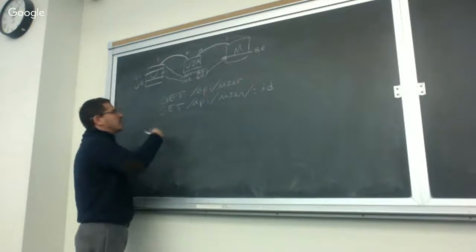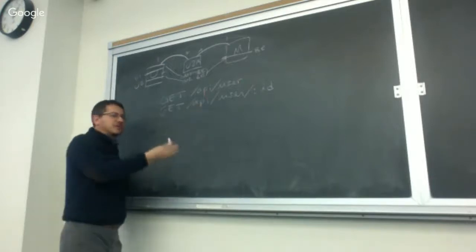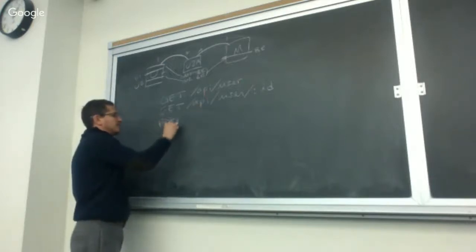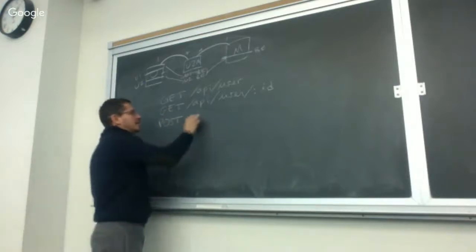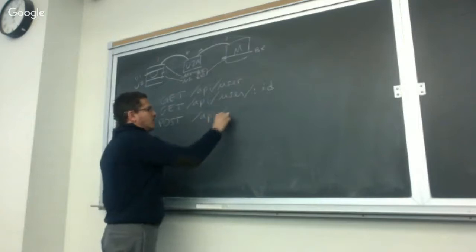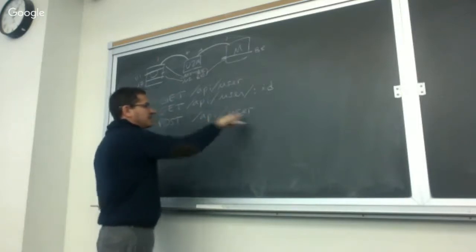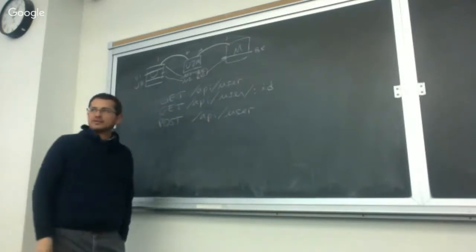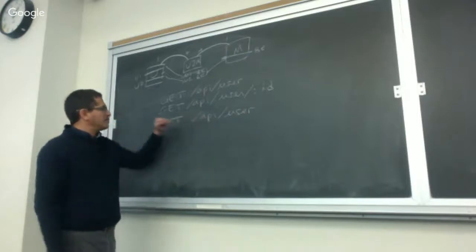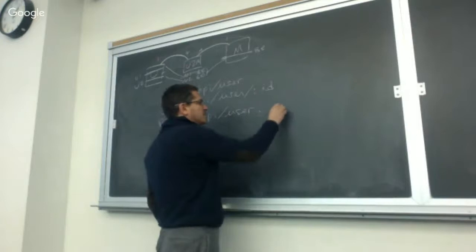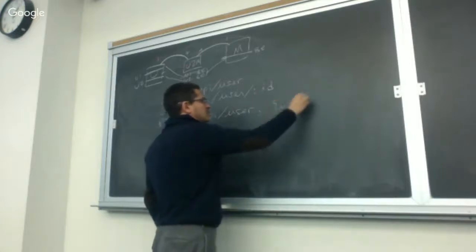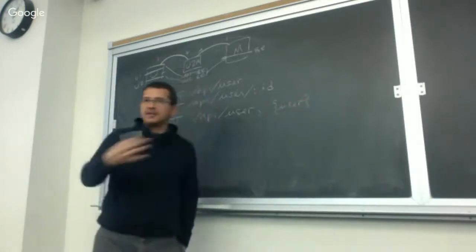If I want to create a new user, like if I'm registering, I would use POST, HTTP POST. And I would tell you what it is that I'm creating. I'm creating a user. Yes? I would post to this URL, and I would need to provide you with some user object that contains all the data for the user.